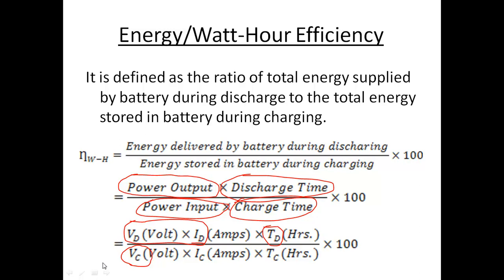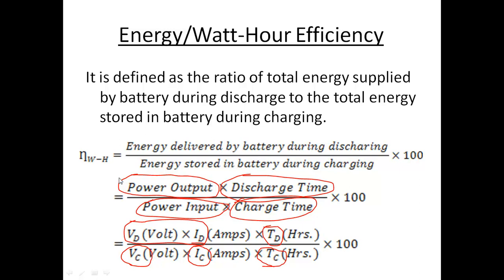Of course, we have to charge the battery at a higher voltage than the terminal voltage. So VC is the amount of voltage that we are supplying into the current drawn by the battery during the charging. So VC into IC will give us the power input to the battery, and when we multiply it by the time of charging, it gives us the energy.